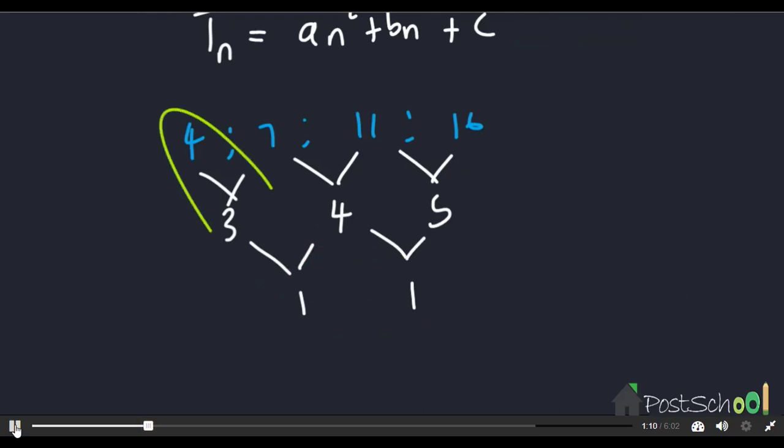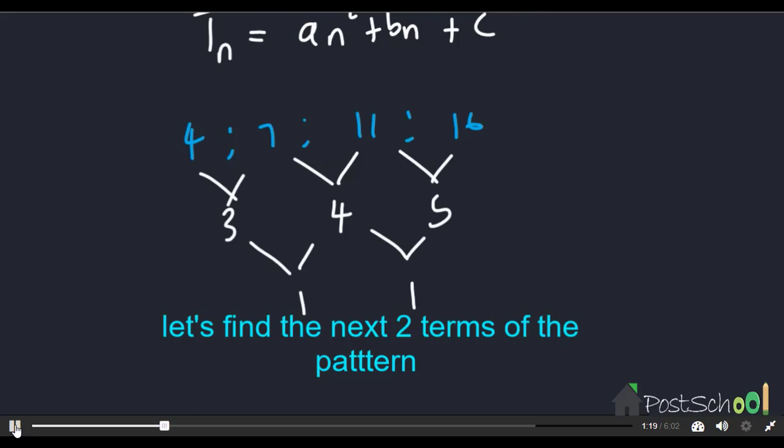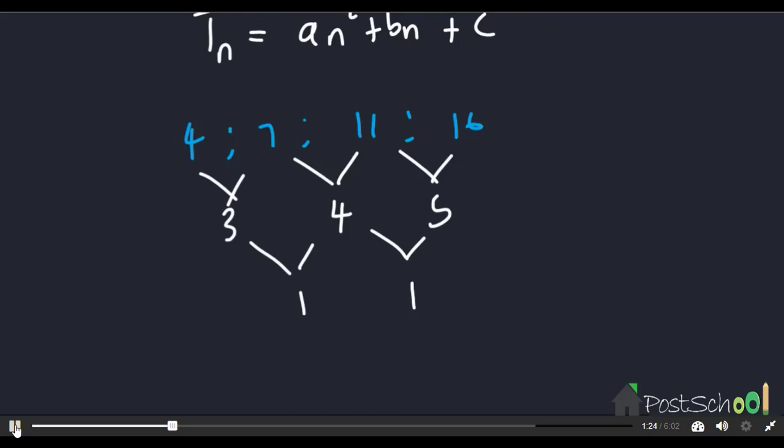Now we can use these values to find a, b, and c for this sequence. But before we do that, we can find the next two terms of this pattern. How can we do that? We first extend the second differences, 1 and 1. Then 1 plus 5 to get 6, and 6 plus 16 to get 22.